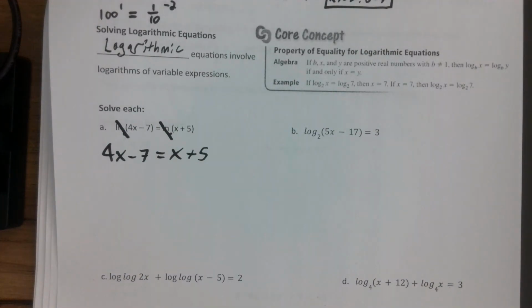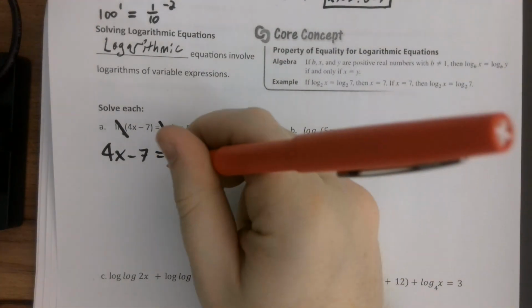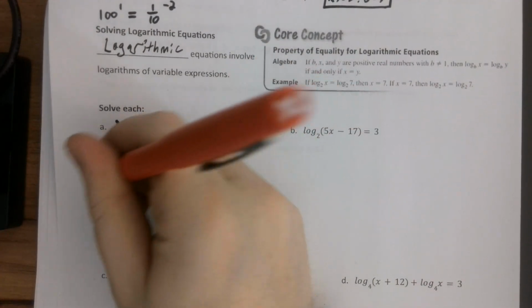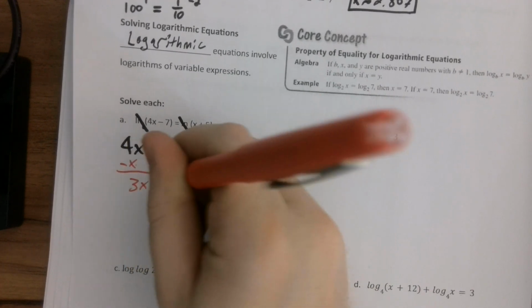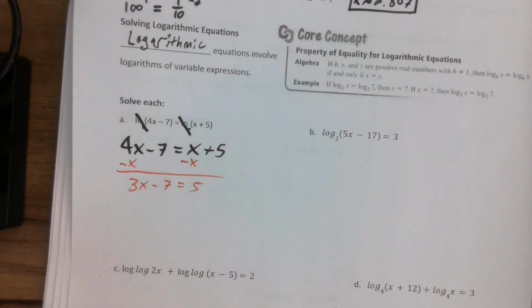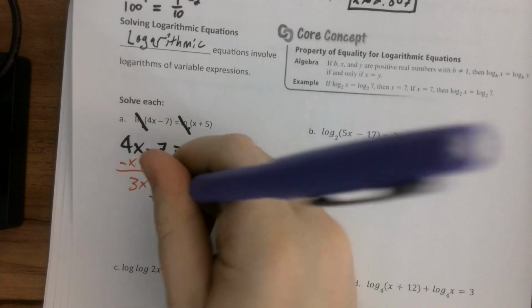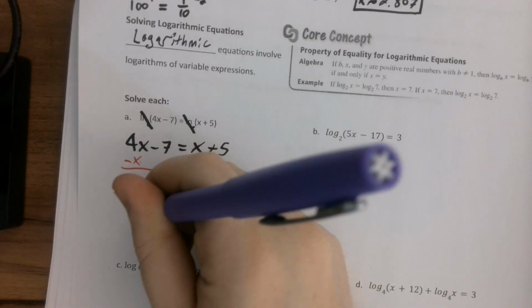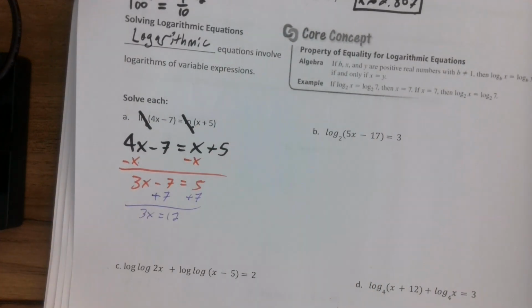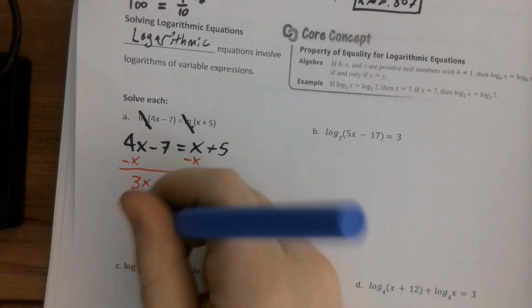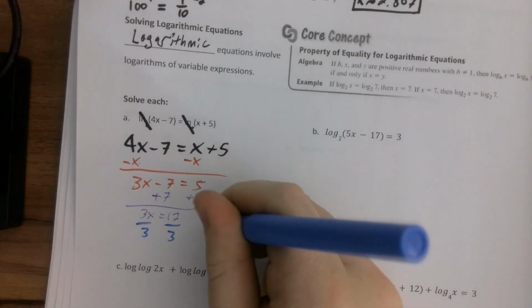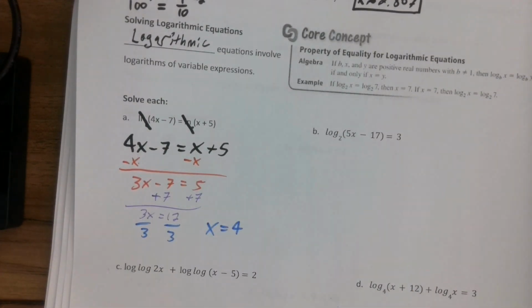And this one we can definitely just use our Algebra 1 skills to solve. We subtract x from both sides, getting 3x minus 7 equals 5. We add 7 to both sides, getting 3x equals 12. And we divide by 3 on both sides, giving our final answer, x equals 4. Very nice.